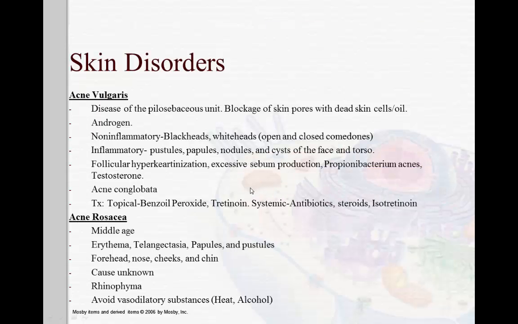Basically, it's a chronic inflammatory disorder that is characterized by facial flushing, telangiectasias, which are spider veins in your face, erythema, papules, pustules, and in severe cases, the nose will produce hypertrophy, which is called rhinophyma. The etiology of rosacea is an abnormal vasomotor control.